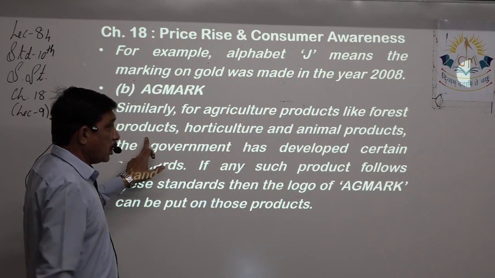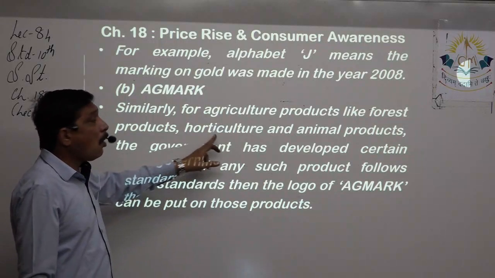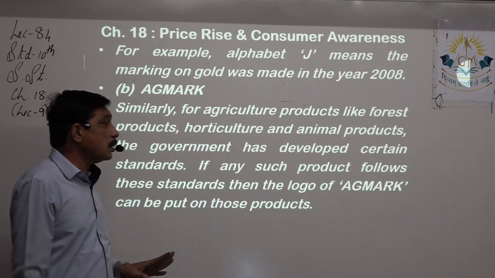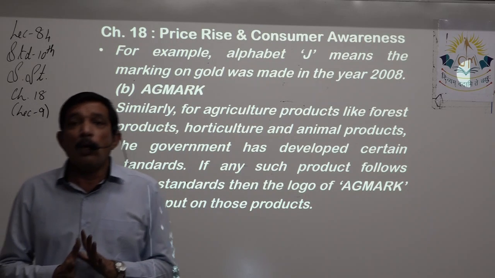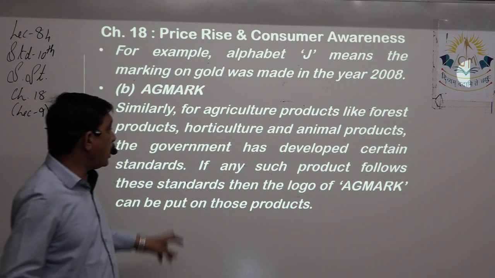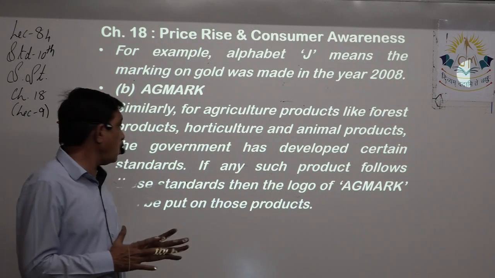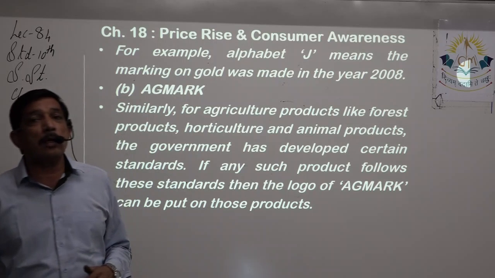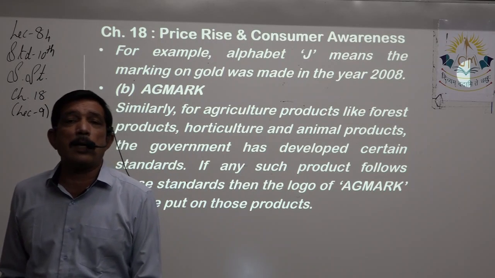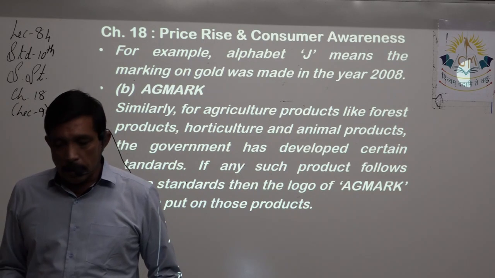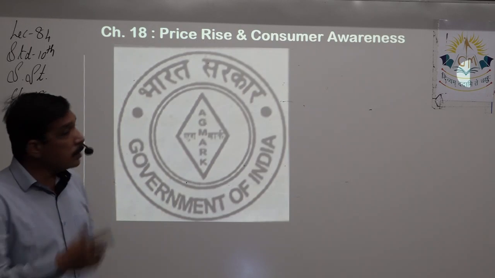So forest products, for example honey, horticulture, animal products, the government has developed certain standards. If any such product follows the standards given by the government, then they can print that logo of Agmark on their products so that the consumer is satisfied that this standard has been maintained.